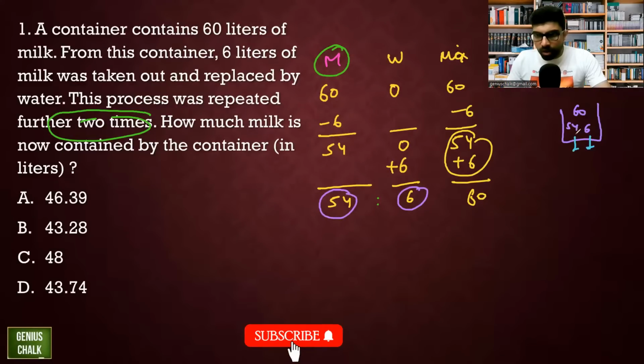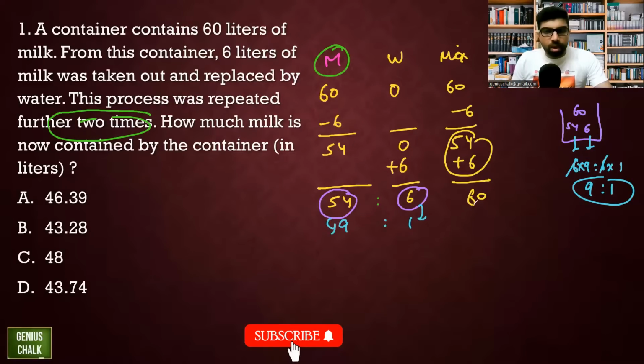What is the ratio? 54 is to 6, that is 9 is to 1. That means I can say that the ratio of milk and water in the vessel is 9 is to 1. That means when I take this mixture out, it will come out in this ratio 9 is to 1 only.